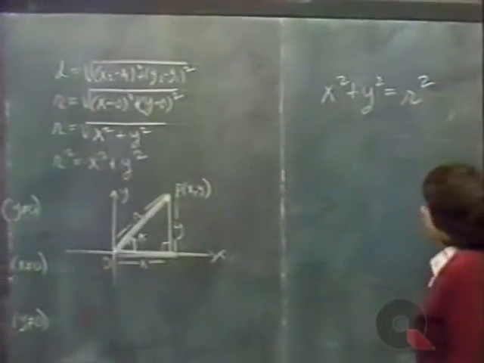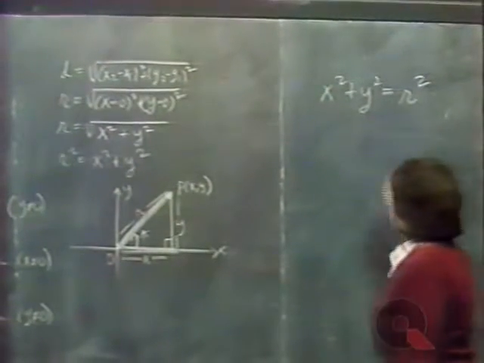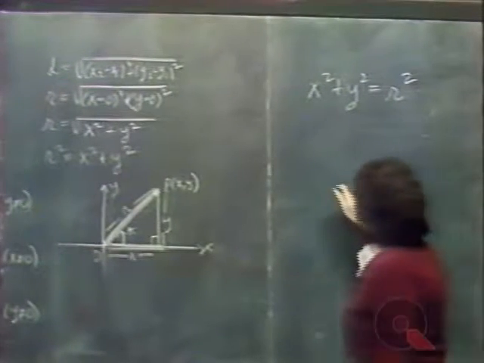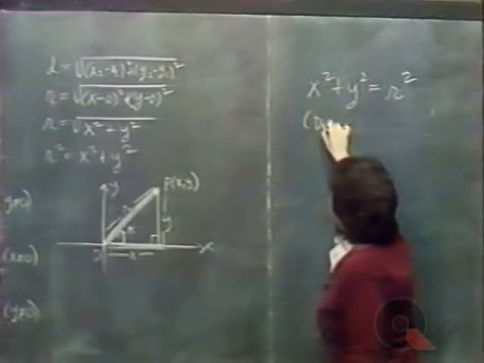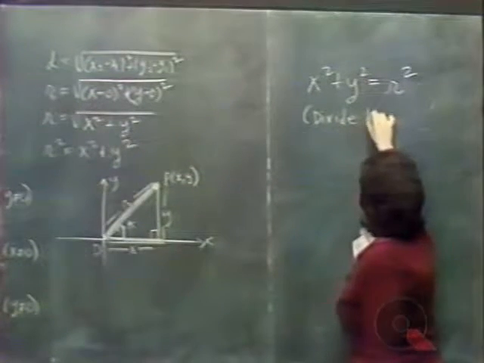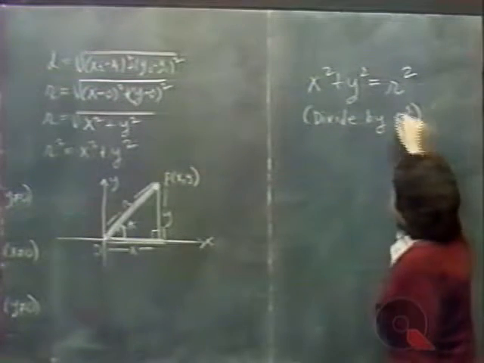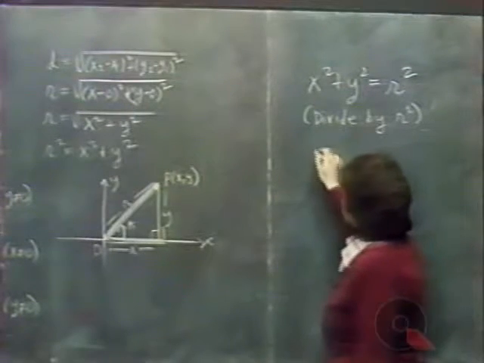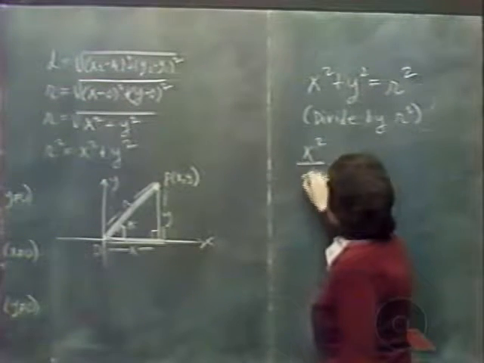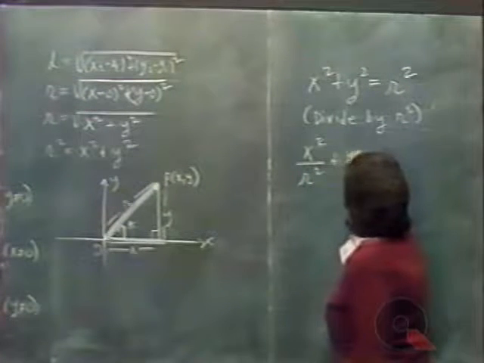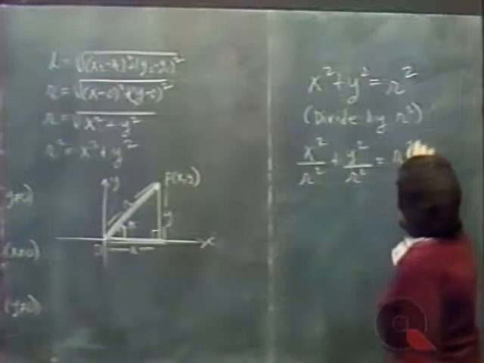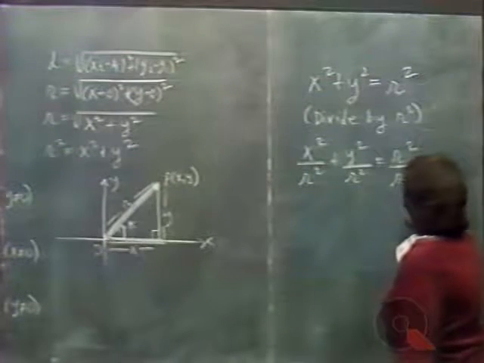Okay, to begin with, we can divide both sides of this equation by r squared. That means dividing each and every term by r squared, and we would get x squared over r squared plus y squared over r squared equals r squared over r squared.